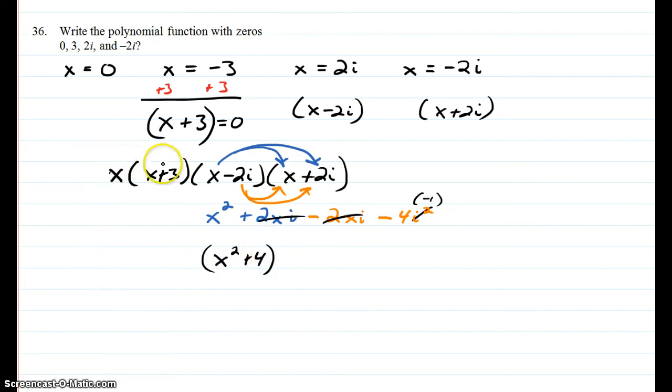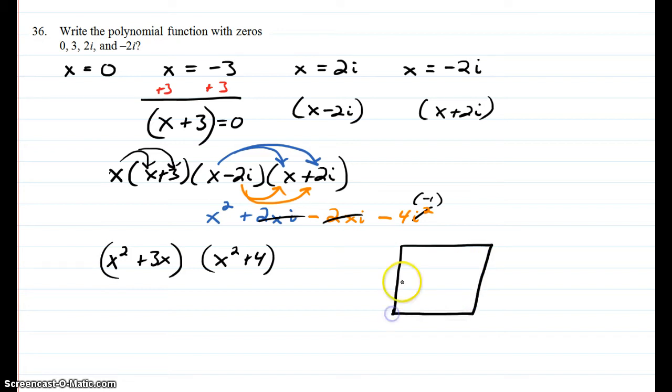Here we can multiply these together and get x squared plus 3x. I just went x times x and got x squared, x times 3 and got 3x. And so now let's review the box method to multiply these two things together. So I have two terms and two terms, so 2 on top, 2 on the side.